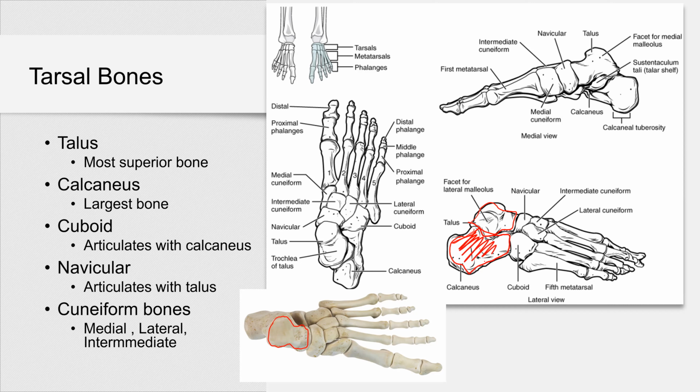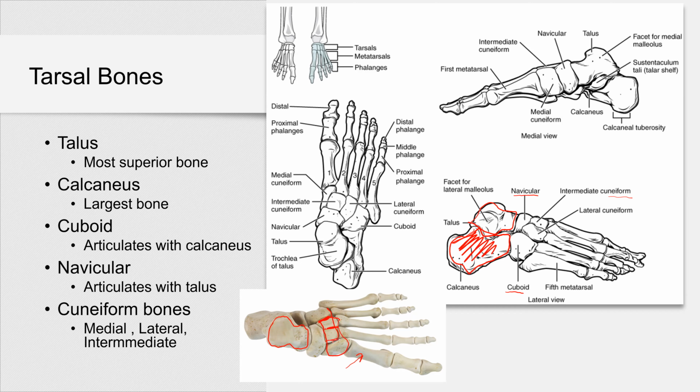That's your heel. Then we have a cuboid right there, and navicular, and then we have 3 cuneiforms, right? So that's your big toe over here, and if you look at your big toe, it's gonna be medial, right? So 1, 2, 3, right there.